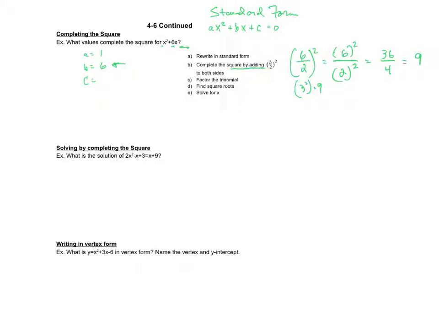Or of course, understanding the math operations, I have 6 squared over 2 squared, which is 36 over 4, which is equal to 9. And then in this case, I'm going to rewrite this formula because it just asked me what that value is. Well, the value is 9 that I need to add, so I'm going to rewrite that as x squared plus 6x plus 9. So adding 9 to that allowed me to complete the square.